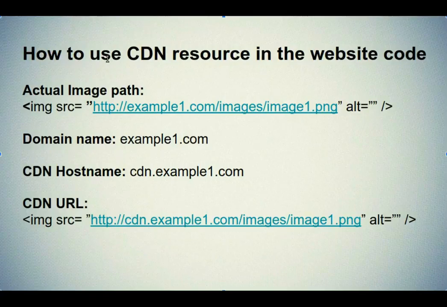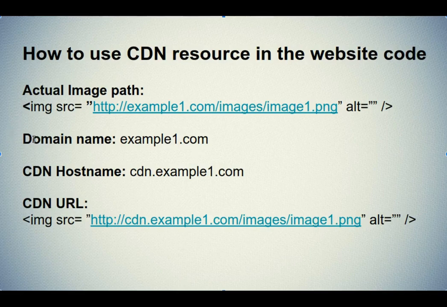Let's see an example of how to use the CDN resource in the website code. If you want to pull the images of your website through the CDN service, you have to replace the domain name with the CDN hostname in the website code. Here is an example. Suppose this is your actual image path: img src equals http://example1.com/images/image1.png, from where the images are loaded on your website and you want to pull them through the CDN service.